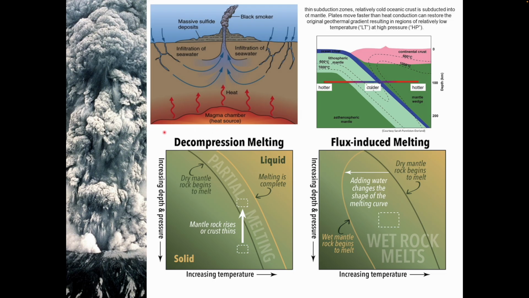To take a step back and talk about oceanic crust for a minute, up here in the upper left, we have basically how the oceanic crust behaves over time. When it first forms, it's really hot, and this encourages the circulation of seawater through that hot crust. You may have heard of black smokers or undersea hydrothermal vents.